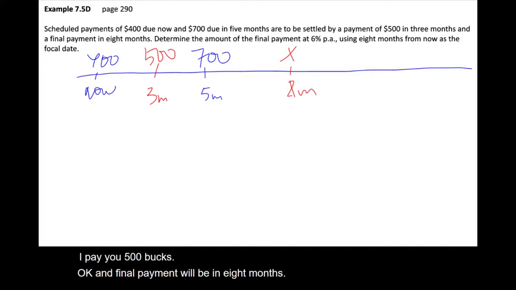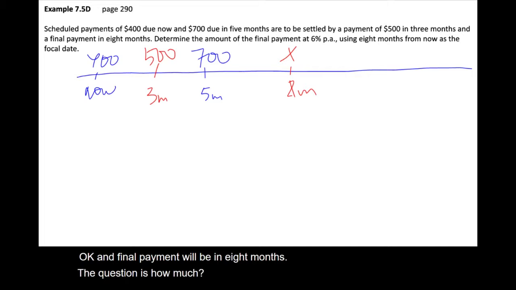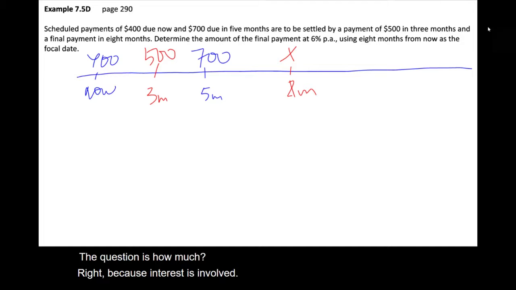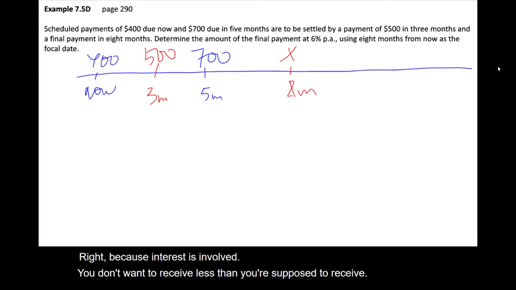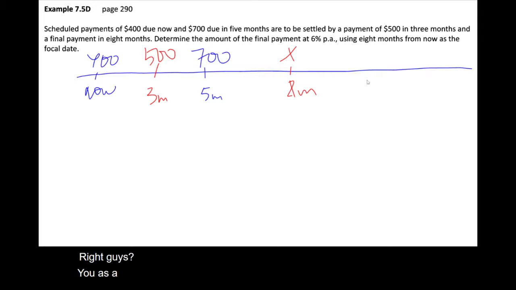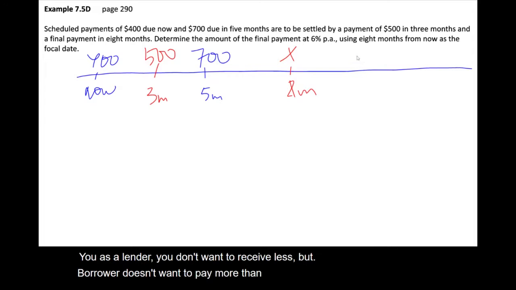The question is how much, right? Because interest is involved. You don't want to receive less than you're supposed to receive, right, guys? You as a lender don't want to receive less, but the borrower doesn't want to pay more than necessary.